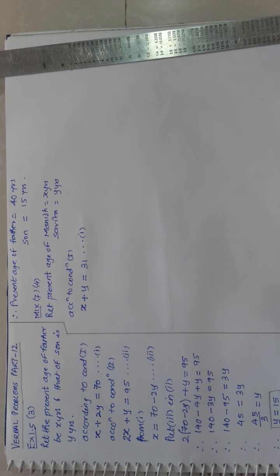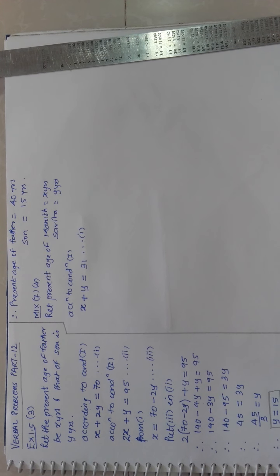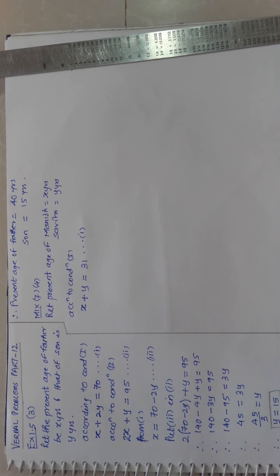Now let me go to the age 3 years ago. Suppose your age right now is 15 years. What would be your age 3 years before? Obviously you will directly say 12, but how did this 12 come? 15 is your present age today. From that we subtract 3 years to know what was the age 3 years before. That is 15 minus 3.